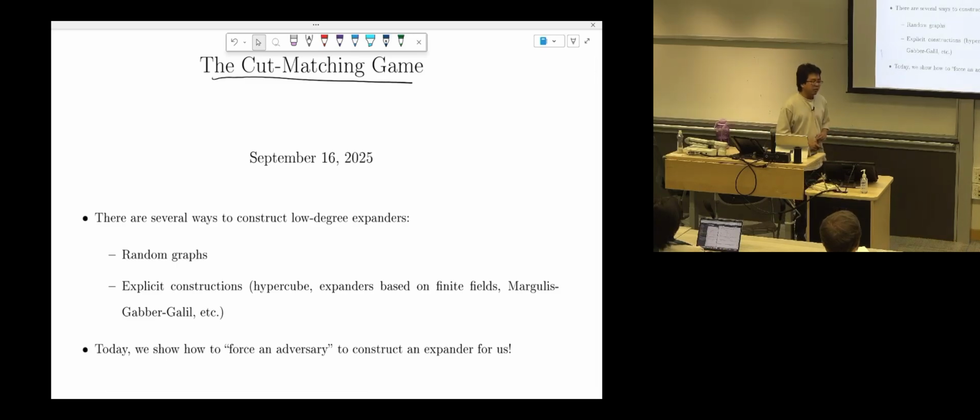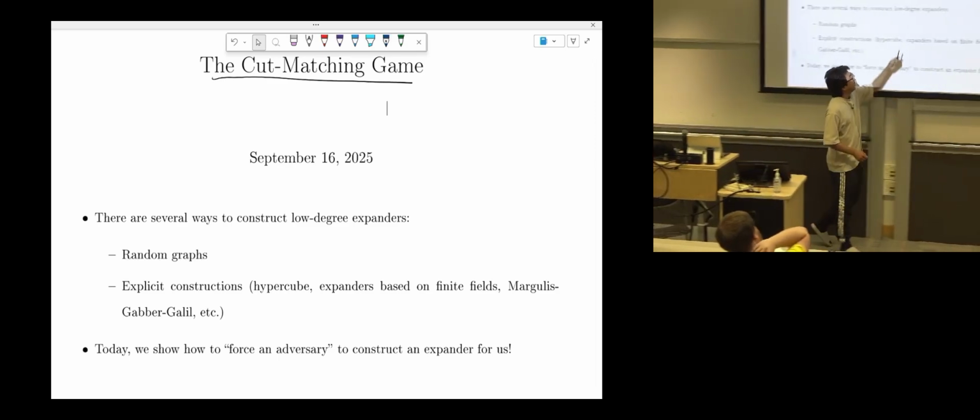I have mentioned several ways to construct expanders.